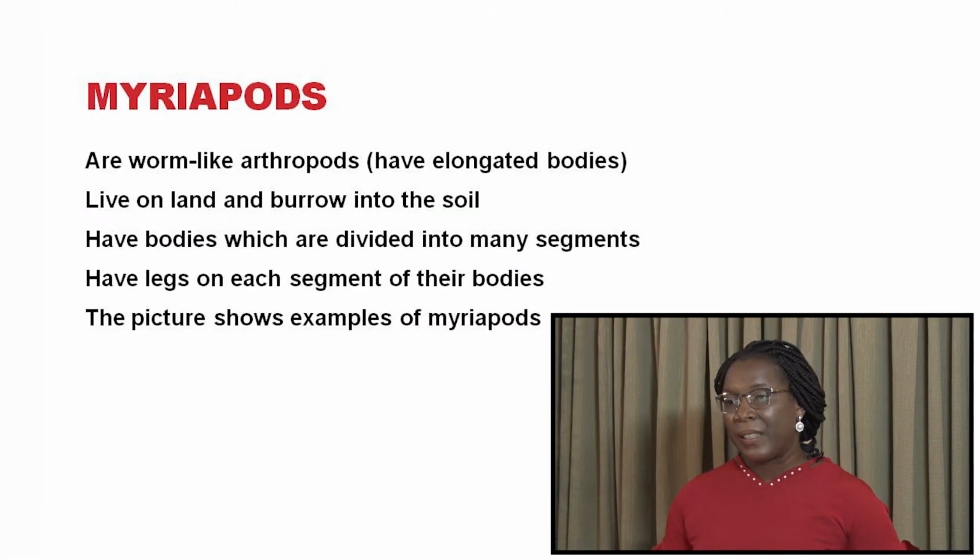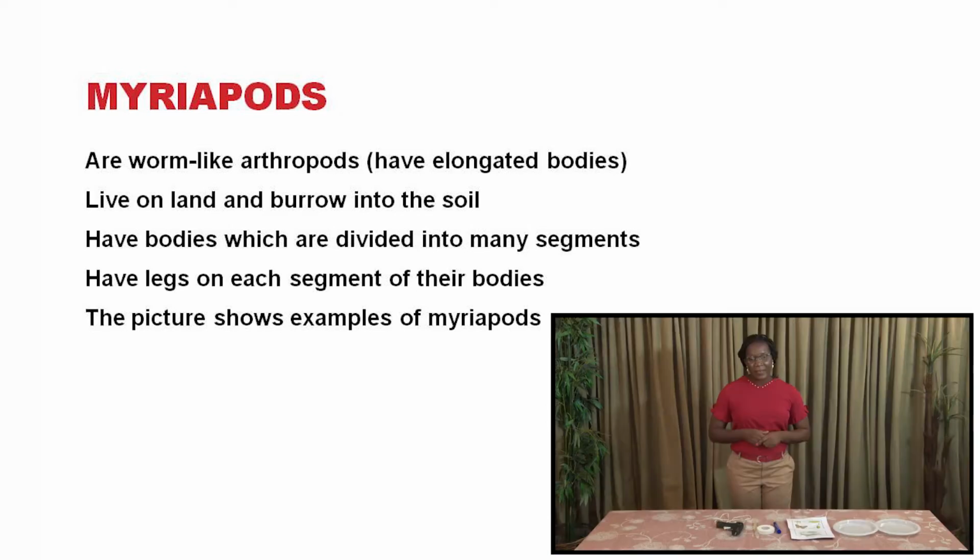Myriapods. Myriapods are worm-like arthropods. That is, they have elongated bodies. They live on land and burrow into the soil. They have bodies which are divided into many segments and have legs on each segment of their bodies.